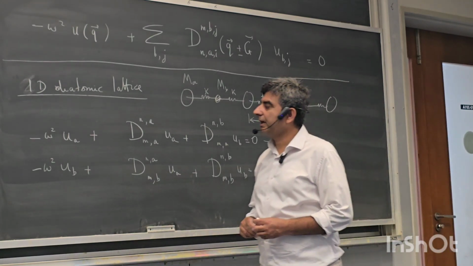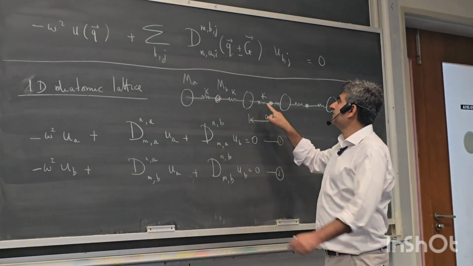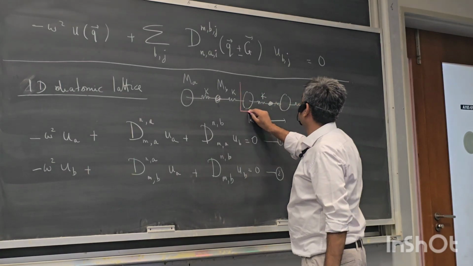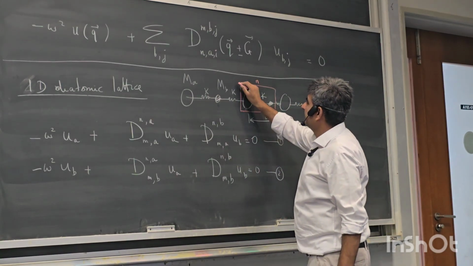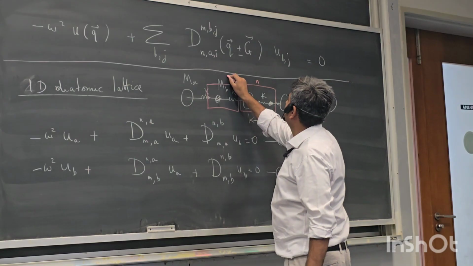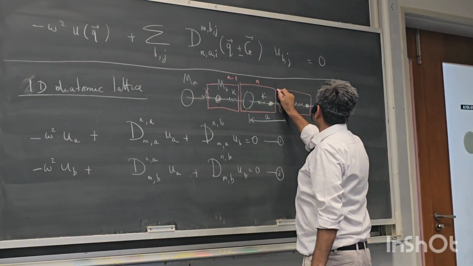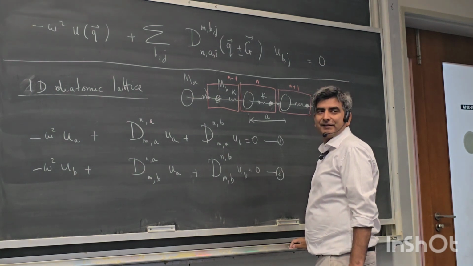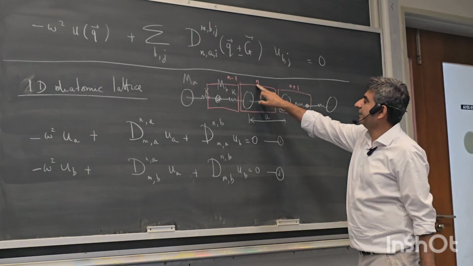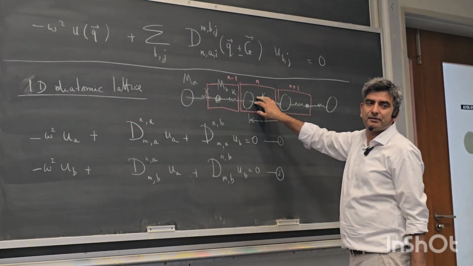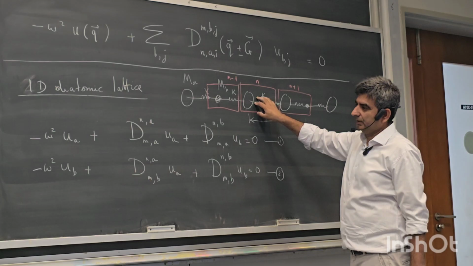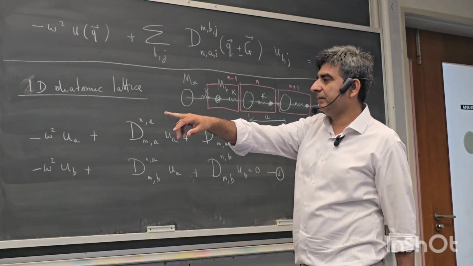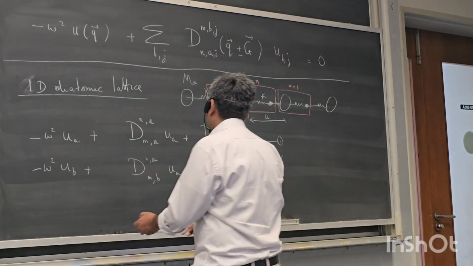Okay, so now I do know that each of these atoms is once again connected to neighboring atoms. And if this is my nth unit cell, this will be my n minus 1th unit cell, this would be my n plus 1th unit cell. So if I focus my attention here, these D's will depend upon the phi's. So I can write down these D's.